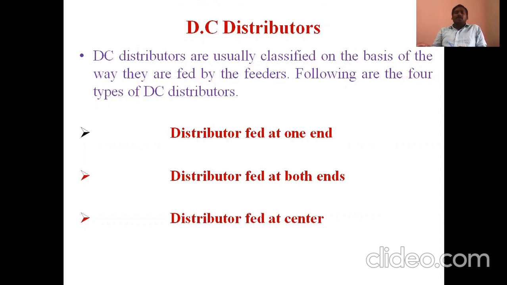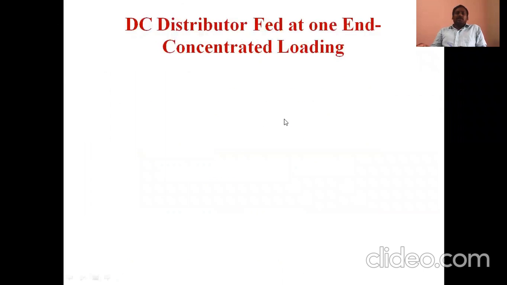In the loads, again, concentrated loads and distributed loads are there. Now first, DC distributor fed at one end, with concentrated loading.